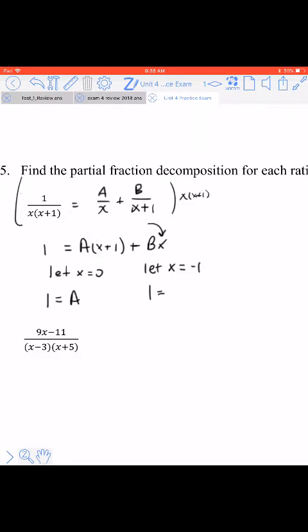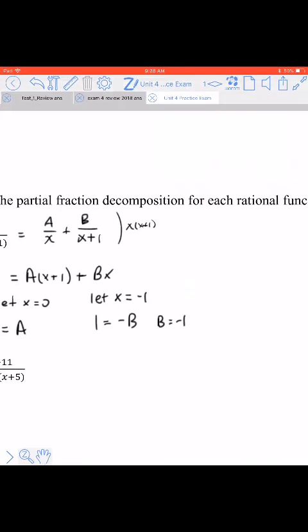When I plug the -1 in there, I get -1 times b, which is -b. So this means that b equals -1. So I can take these two partial fractions, the form of them, now that I know that a equals 1, that first partial fraction is, instead of a over x, it's 1 over x. And the second one is -1 over x plus 1.